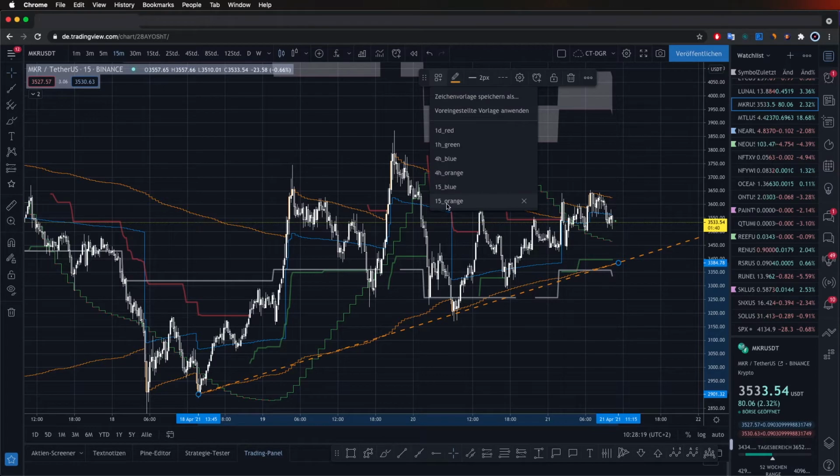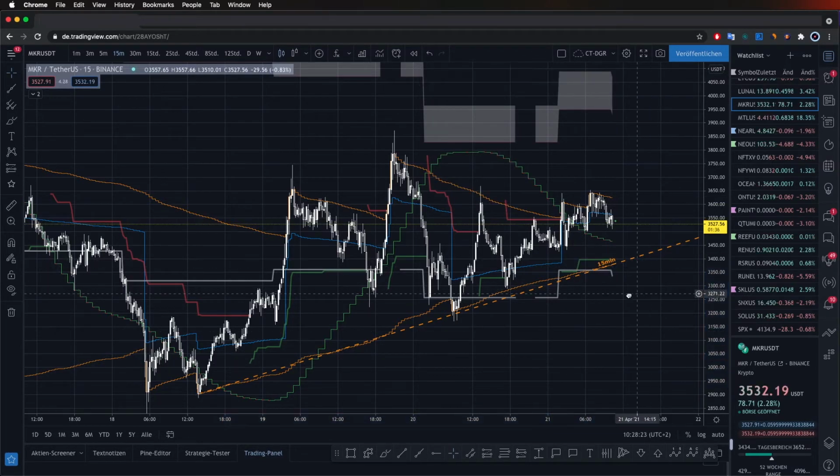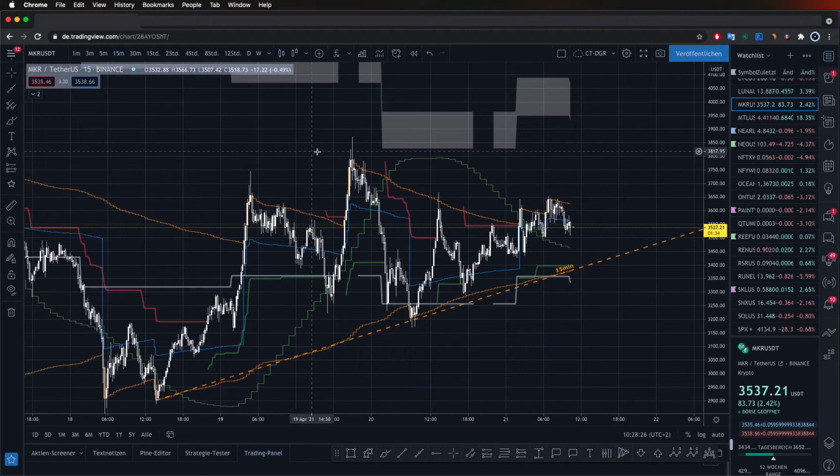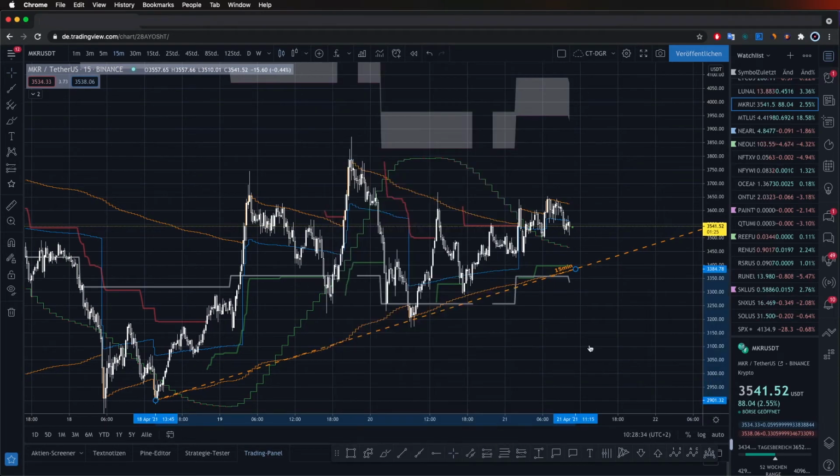I will mark it again with my 15 minutes orange, which shows me, okay, this is my 15 minutes buyer line, no matter which time frame I am in. And I will put an alert if this line is hit. Mark it as blue, because like I said, this is just too short, too little to go into a trade.